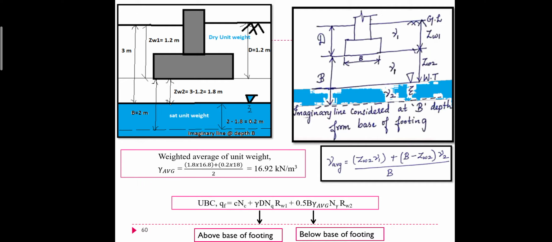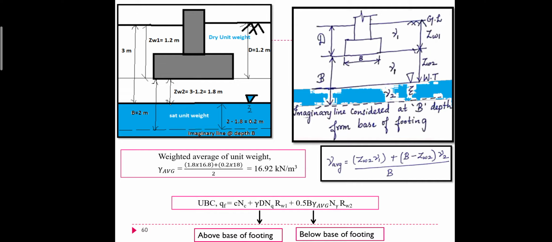Now you know this is the formula when water table comes into picture: cNc plus gamma Df Nq plus R gamma RW1 plus 0.5 B gamma N gamma RW2. From the beginning I have been telling that the gamma in the second term should be the gamma above the base of the footing. In this picture, above the base of the footing the soil is completely dry, so you put the normal dry gamma.